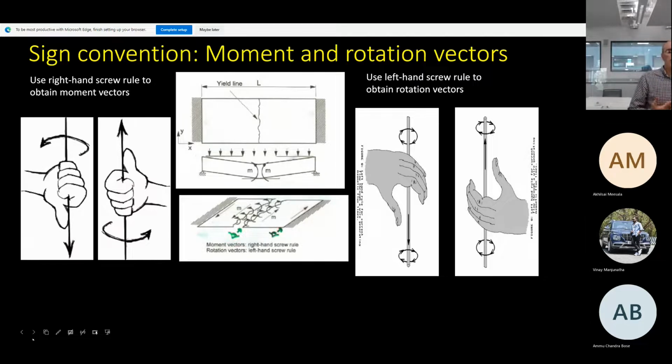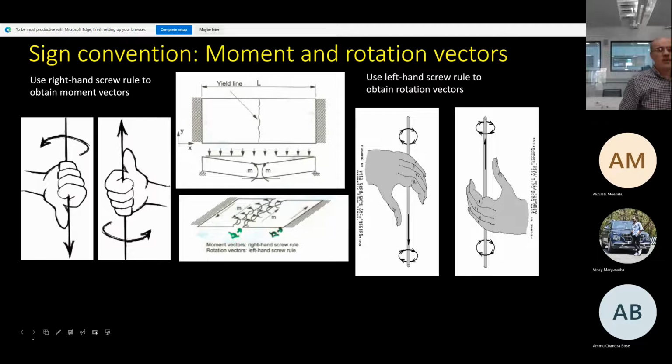The reason we need to talk about the sign convention for moments and rotations is because, unlike beams and frames, where we are dealing with unidimensional structures, a slab is really 2D. So you've got dimensions in two directions. It's not like a frame, because everything that we did in the past, you're working in one dimension only.